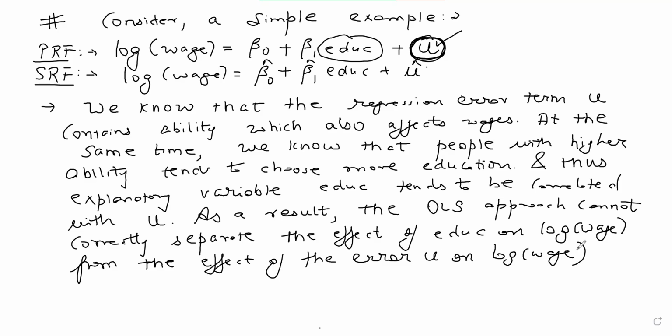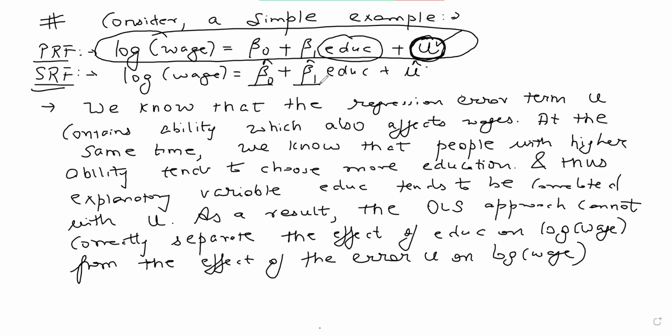If I run OLS for this particular regression model, remember only after OLS I get the beta naught hats and beta 1 hats. So if I conduct OLS on this population regression function, it's not going to give me consistent and unbiased estimators, because education itself tends to be correlated with u. As a result, the OLS method will not be able to separate the effect of education on log of wage from the effect of u on log of wage.